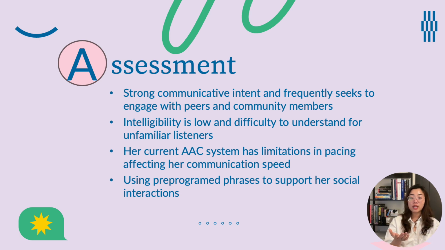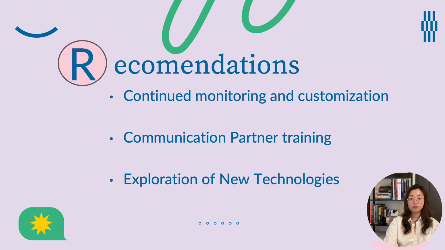And because people can't understand her, she wants to use her AAC device, but her AAC system has limitations in pacing. And so she can't communicate fast enough, and basically this affects her communication speed. And so using pre-programmed phrases has been helpful in promoting her social interactions.